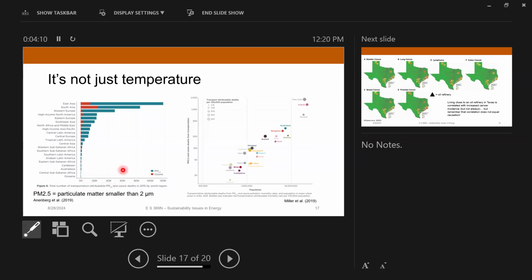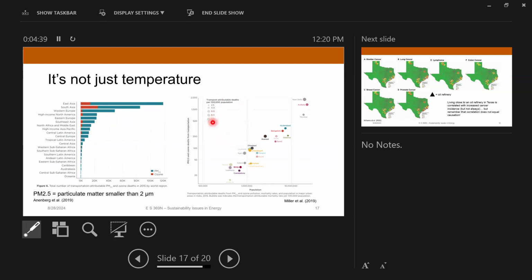What we're looking at here is the estimated total number of deaths due to particulate matter by world region. You can see, particularly in East Asia and South Asia, they estimate tens to over 100,000 deaths each year attributable to people breathing in particulate matter over the course of their lives.